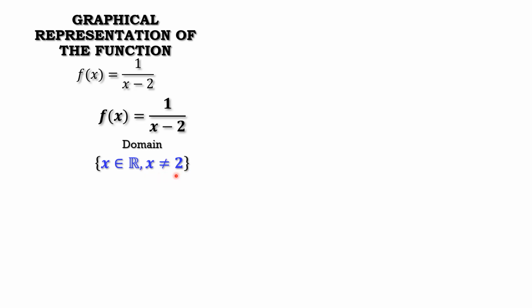So this is telling us that the graph of this particular function will be moving and moving freely along all the values of x, but it will never cross the value of 2, the point where x is equal to 2. So for this particular function, x equal to 2 will be a vertical asymptote to the function.